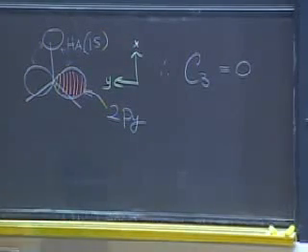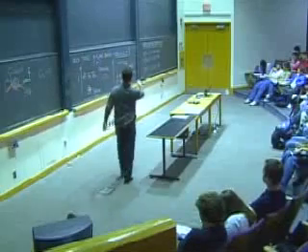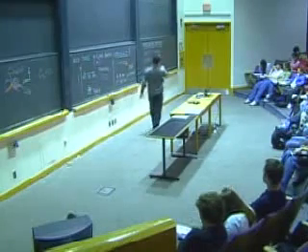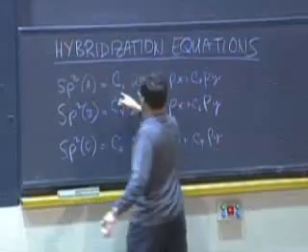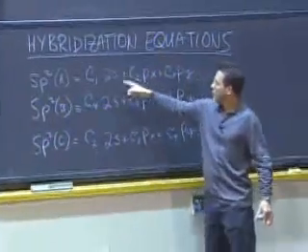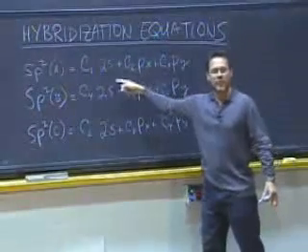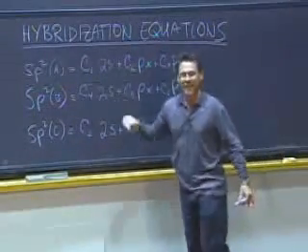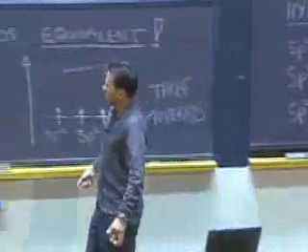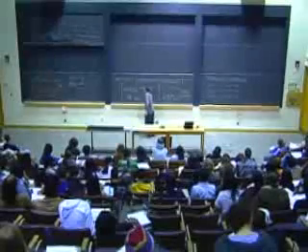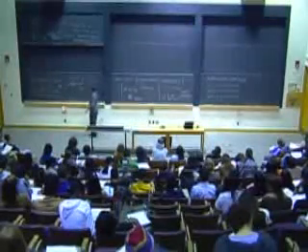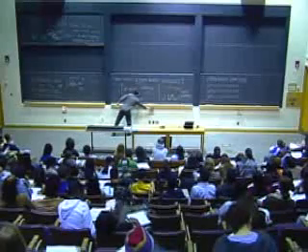Okay? So that's really cool, because now we're going to be able to bring in one more consideration and complete the formula for sp2a. Let's do it on this board.